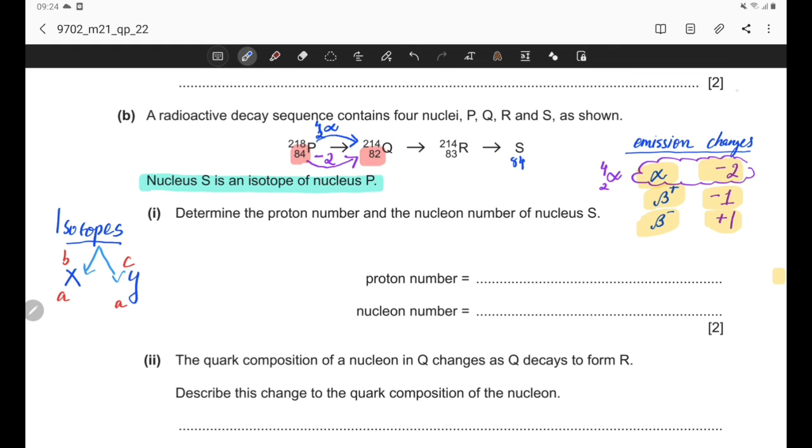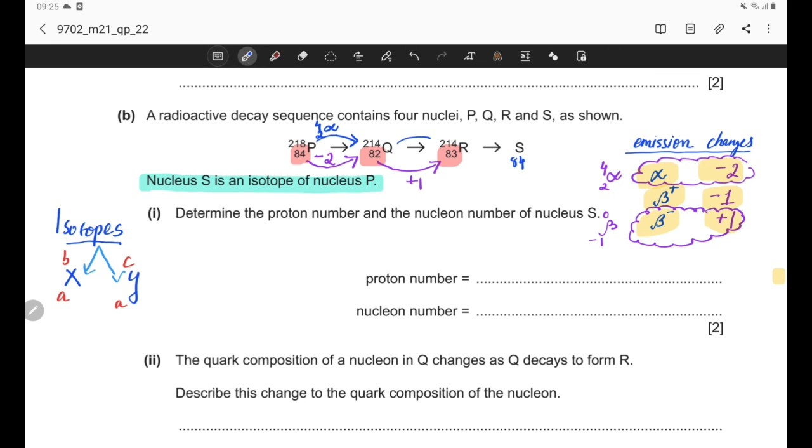Then from 82 to 83. During this change we can understand the atomic number has increased by 1. So it will happen when there is a beta minus emission. Beta negative we can represent with -1 and 0.